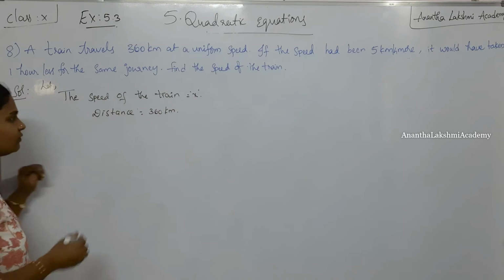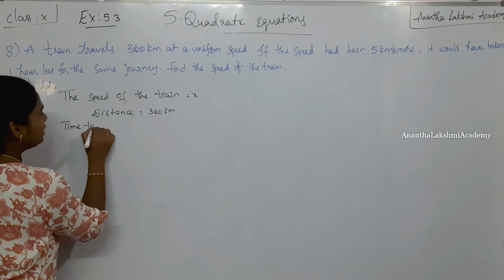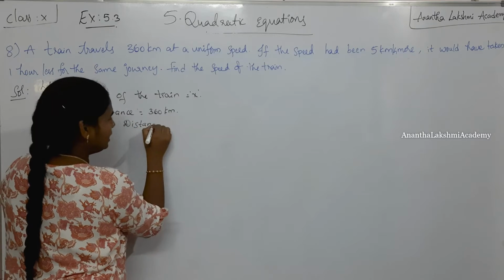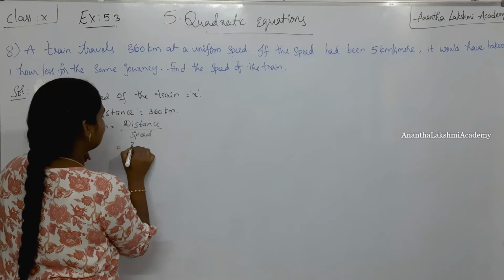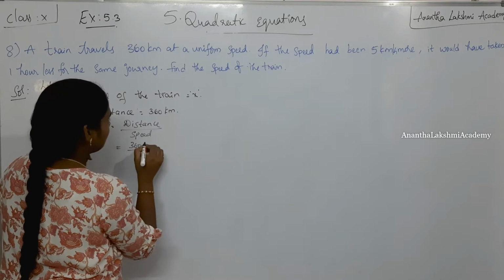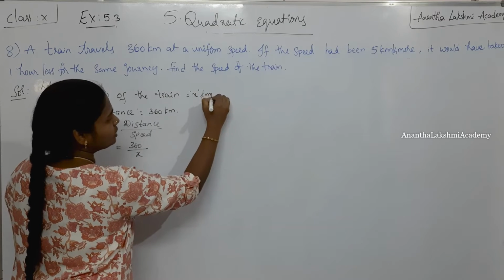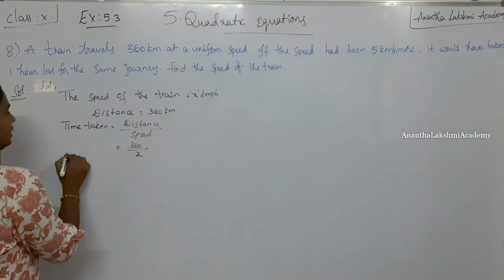So what is the formula for time? The time taken is equal to distance by speed. Initially, what is the distance? 360 kilometers, and speed is x kilometer per hour. Okay, time taken initially is this.